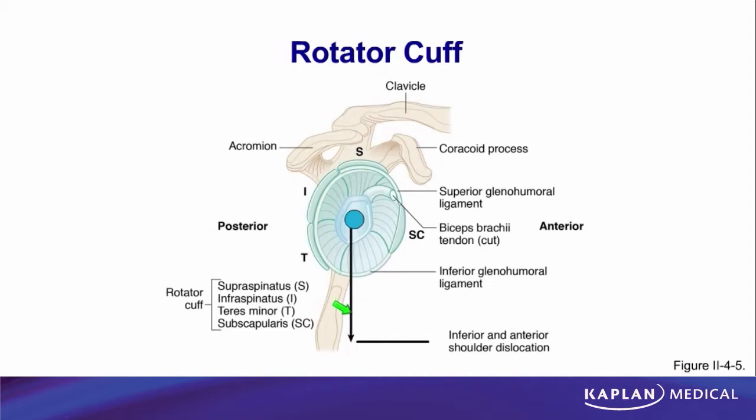So if the patient were to have a fall onto the laterally outstretched arm where the elbow strikes the ground and gets forced upward, that forces the humeral head downward, and it can dislocate out of the joint. So that can happen. But we need to explain what is a common clinical finding.